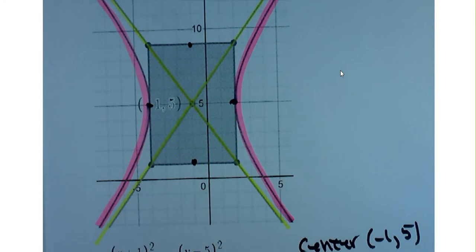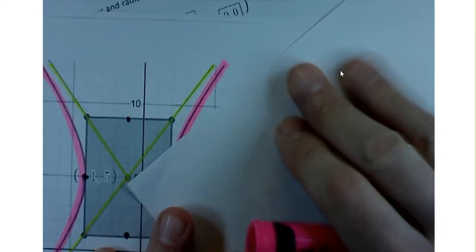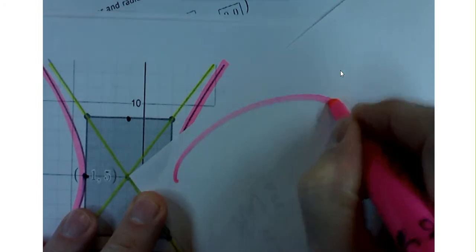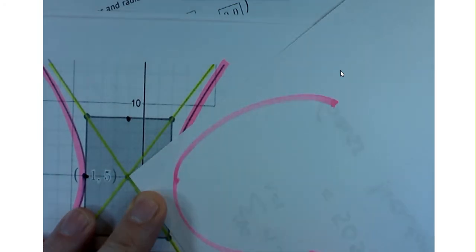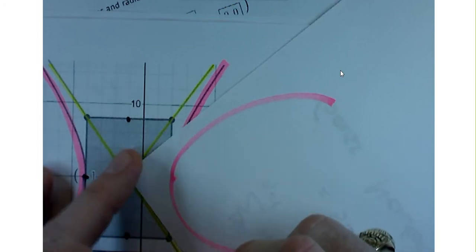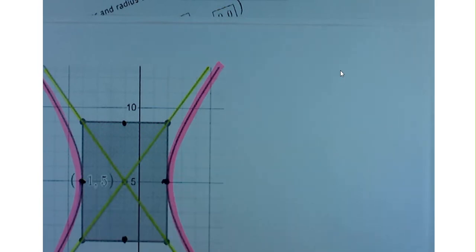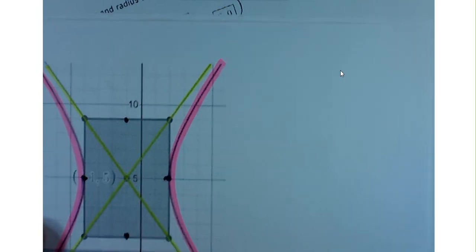Now, sometimes I get people doing kind of crazy things here, in part because I think they're worried about touching the asymptote. So when they graph it, they curve away. They're like, ooh, I don't want to touch the asymptote. No, that's not really the purpose of the asymptote. The other thing I see people doing is they go all the way to the center to draw their hyperbola. Again, that's wrong. So this is a good 7-point problem.